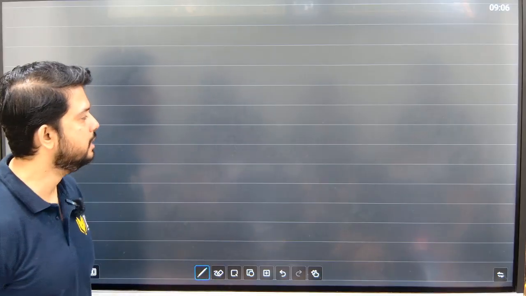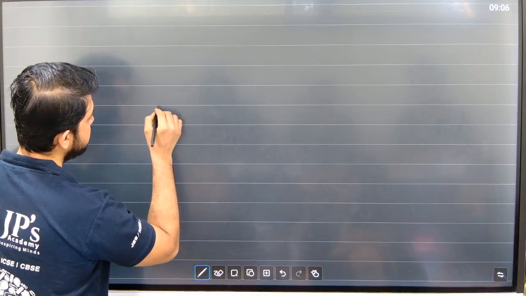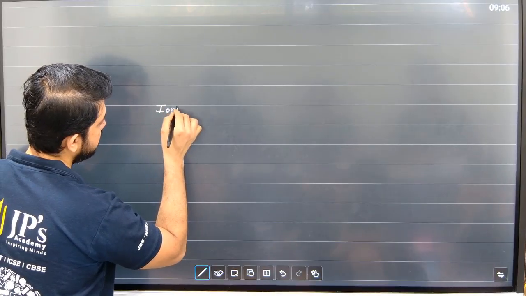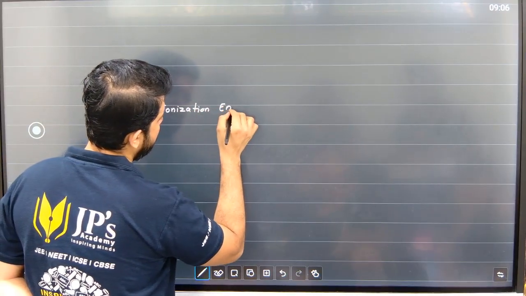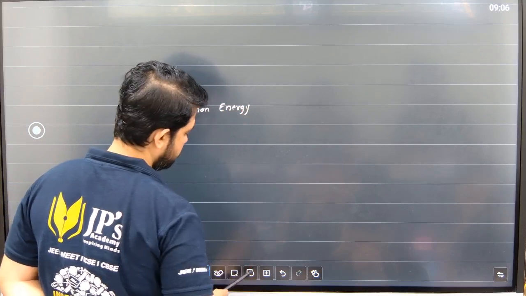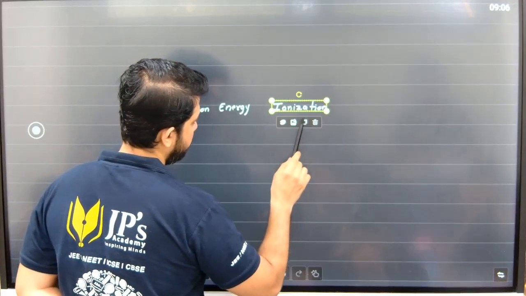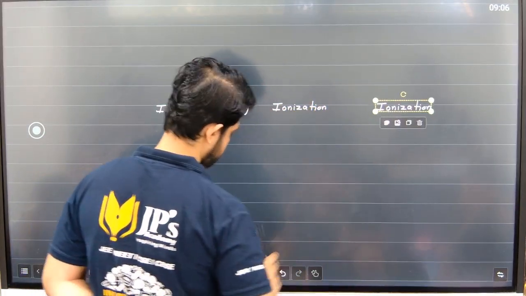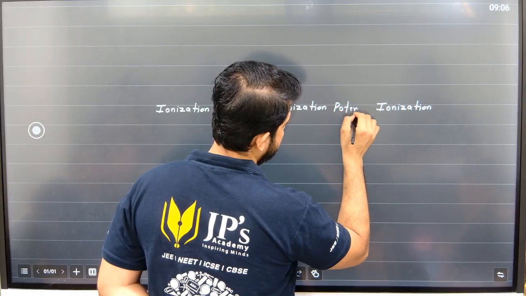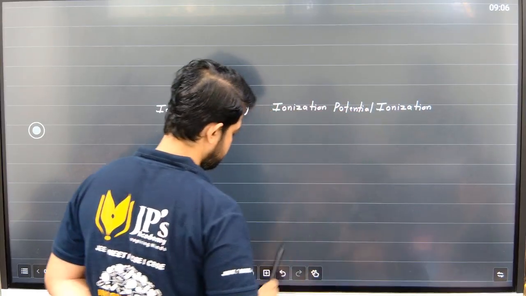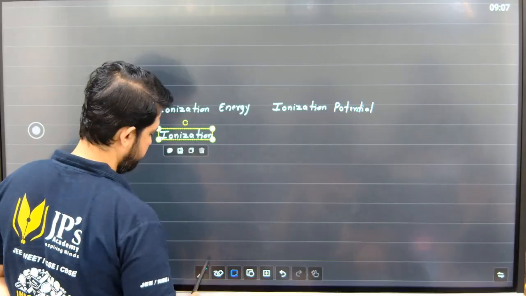Now let's move on to the next atomic property, periodic property, and that is ionization energy, or this is also called ionization potential, or we'll say ionization enthalpy.